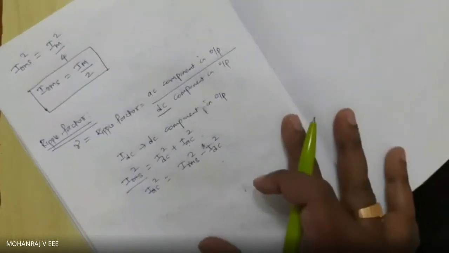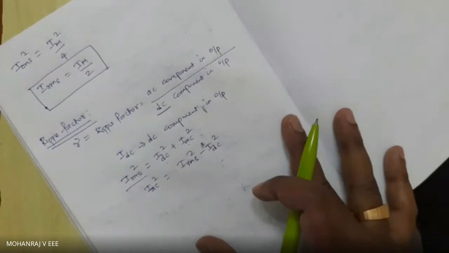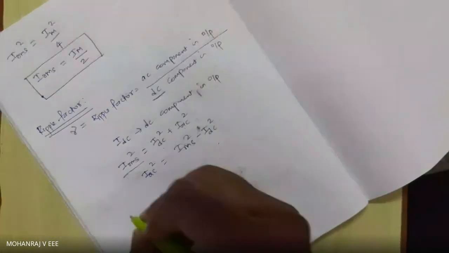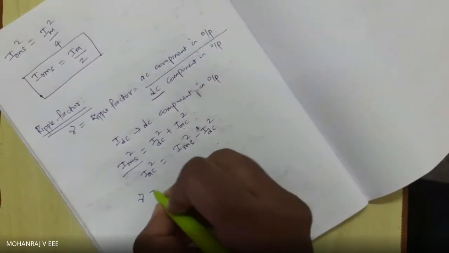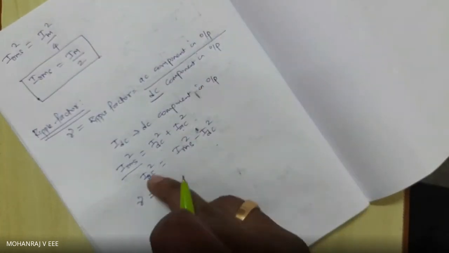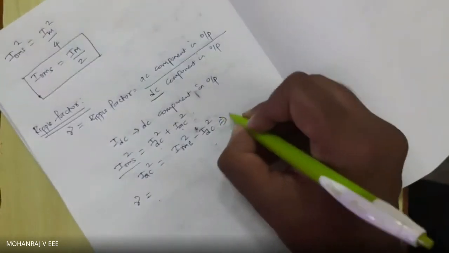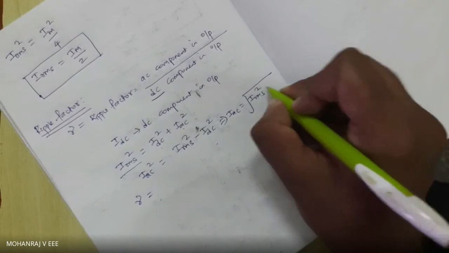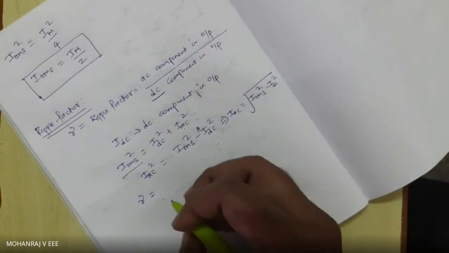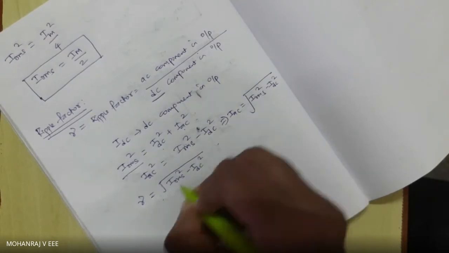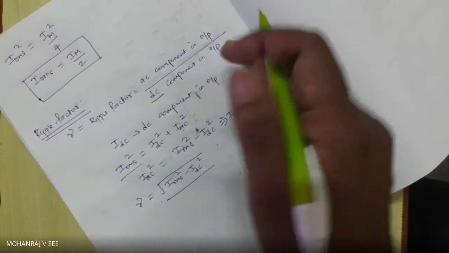Fine. Now my ripple factor is equal to AC component in output. So from this I can say what is my AC component. So AC component is equal to square root of IRMS square minus IDC square, divided by DC component in output current.